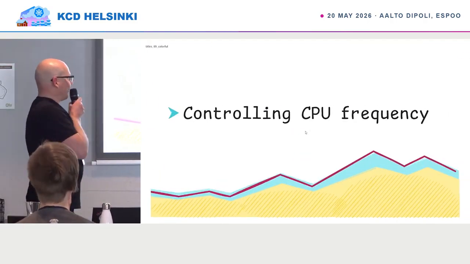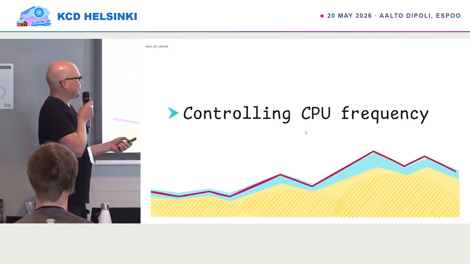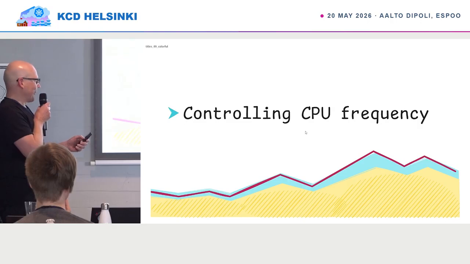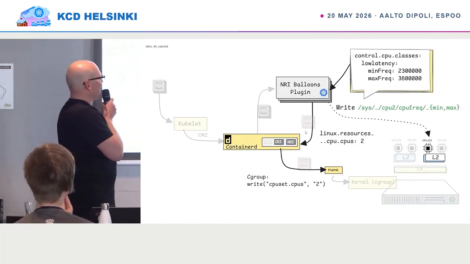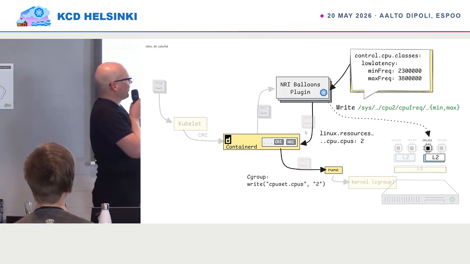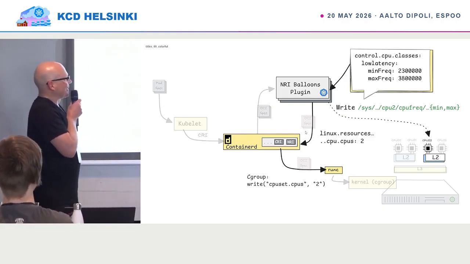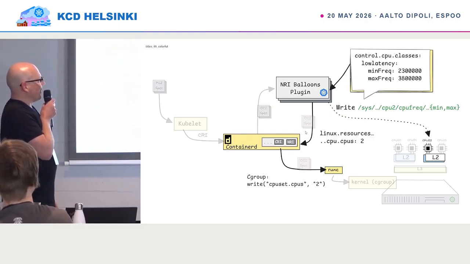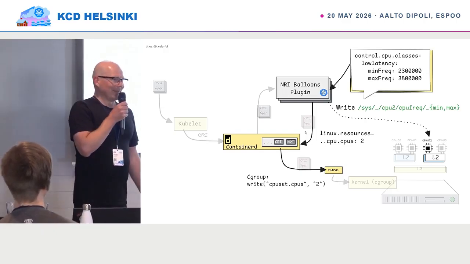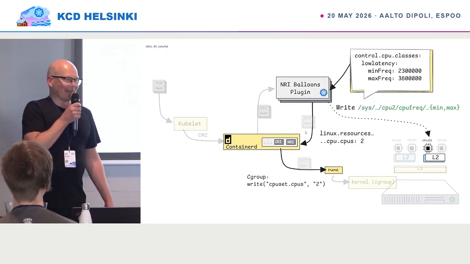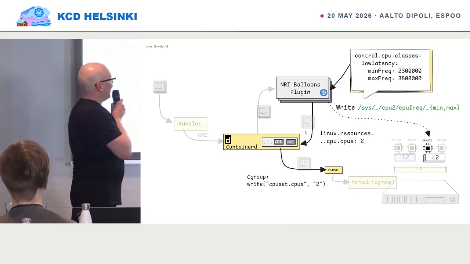That was about configuring the containers and the processes in the container. But now I wish to also show configuring the CPUs. The first thing is CPU frequencies, which can be configured again with the CRD. So we can define CPU classes. For instance, here is a low latency class where we define minimum and maximum CPU frequencies for that class. There is no CPU support in the OCI spec, but that doesn't matter because these NRI plugins are running on the same node as a daemon set.